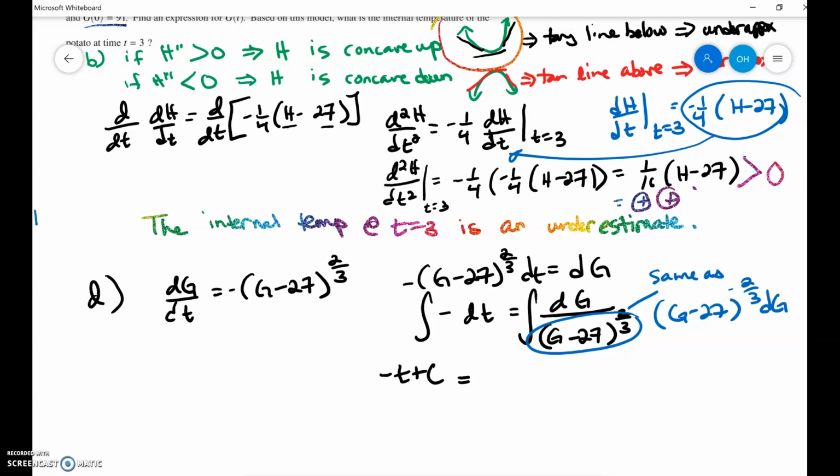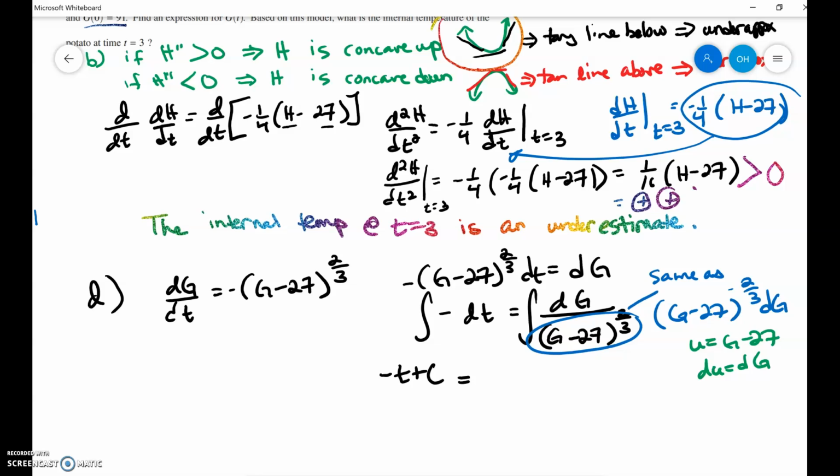It's the same thing. So if you're wondering whether you should use u sub, we'll try u sub. If I set u equal to g minus 27 and I take the derivative of that, I would just have dg. So nothing really happened. There's nothing that I really need to cancel. So I can literally just do reverse power rule.